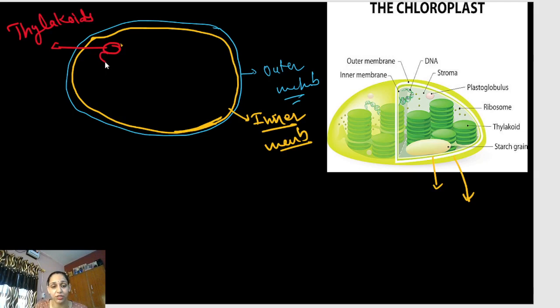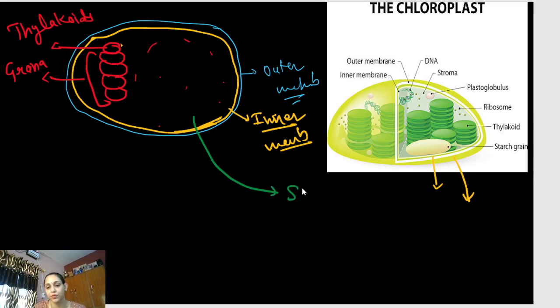And these disc structures are stacked, ये ऐसे एक दूसरे के ऊपर कॉइन्स की तरह होते हैं. इन्हें क्या बोलेंगे? ग्रेना. And this is the area of stroma. Stroma is also called dark area.